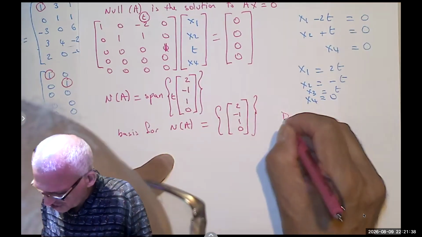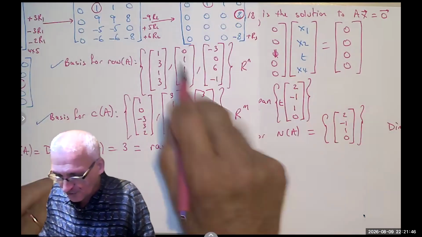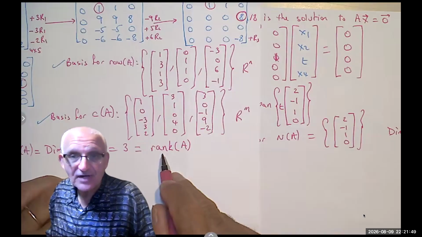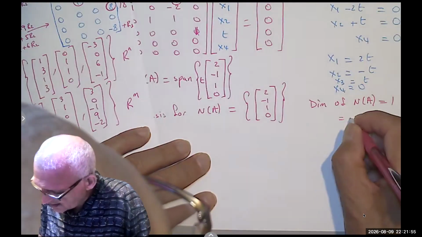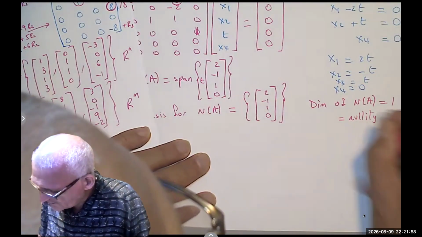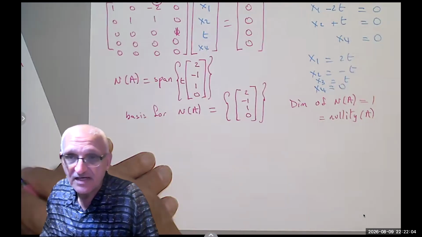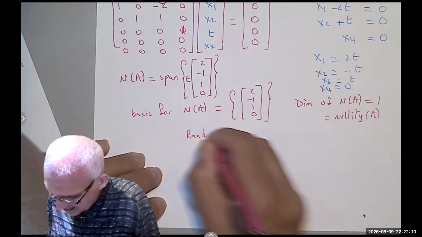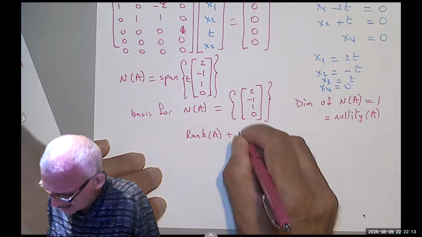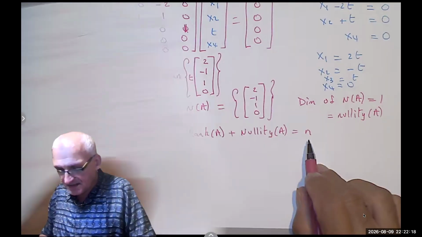So the dimension of the null space of A is just one vector. There I had 3 for the row and the column, and they were equal, and we call that the rank. Here, it's only 1, and we call it the nullity of A. So the dimension of the null space of A is called the nullity of A. And it's always going to be the case that the rank of A plus the nullity of A equals n, where n is the number of columns, right?